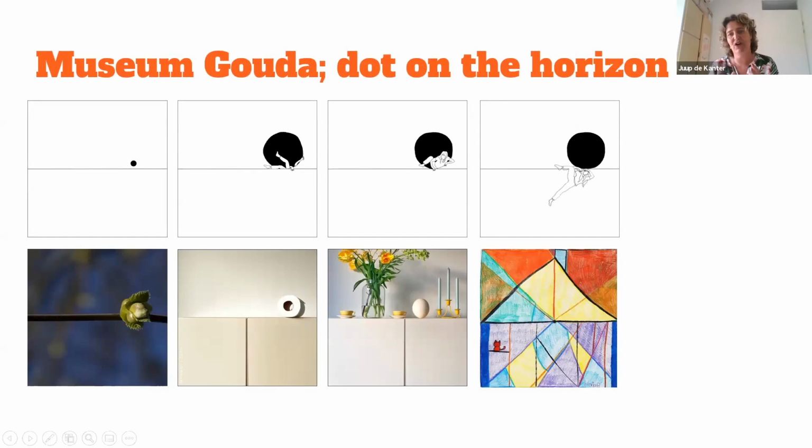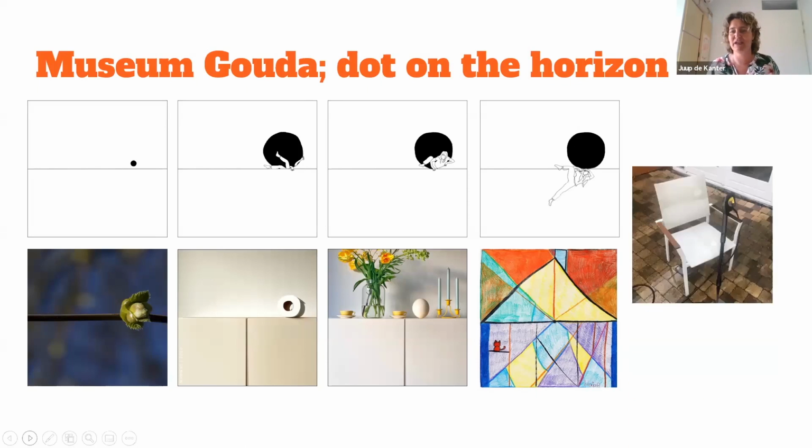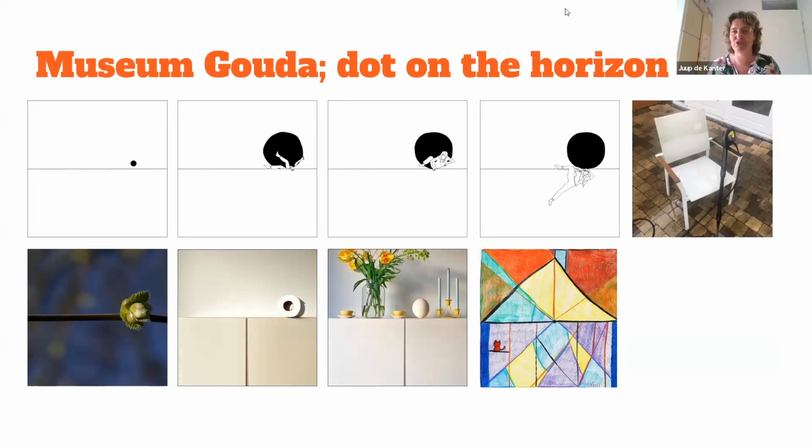And one of the artists will make one real life piece of art out of it later, and also add it to the collection of Museum Gouda. And last Saturday I was cleaning my garden, so I made my own dot on the horizon on my chair with the cleaner.